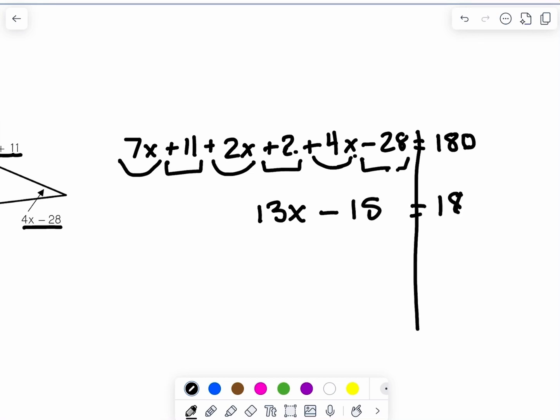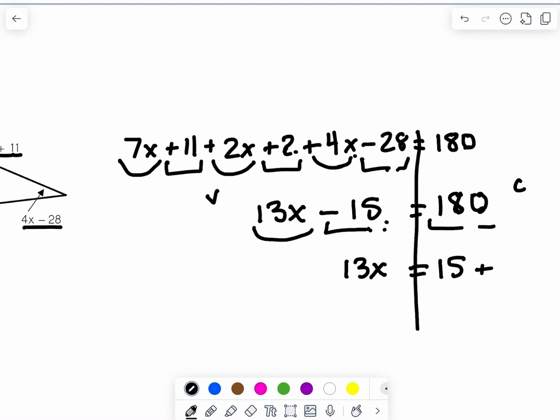Then I'm going to separate my variables and my constants. Variables, constant, 13x stays positive 13x. Negative 15 will flip to positive 15. Positive 180 stays 180. 180 plus 15 is 195.